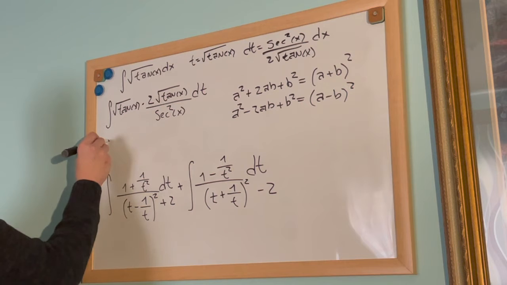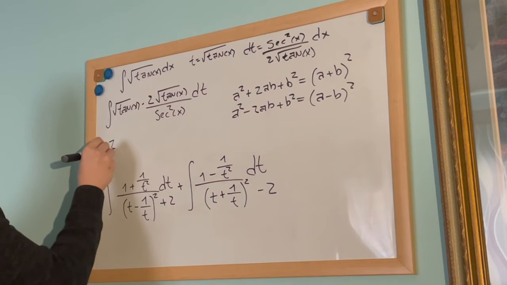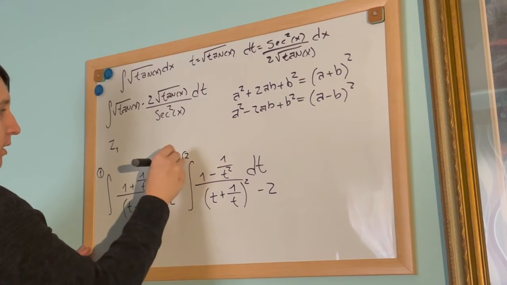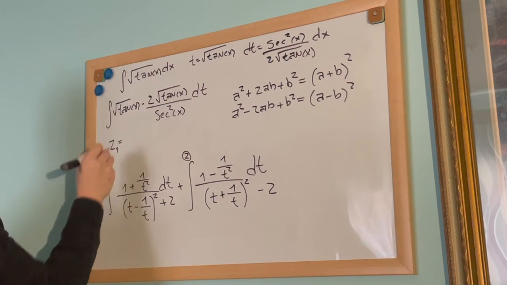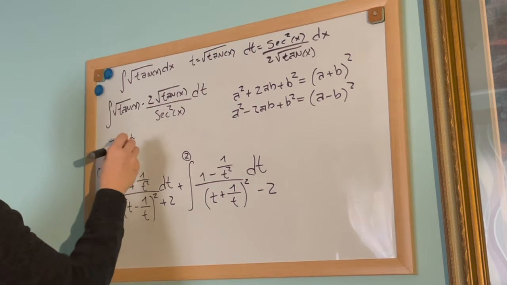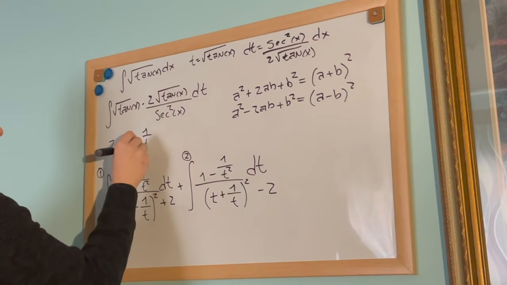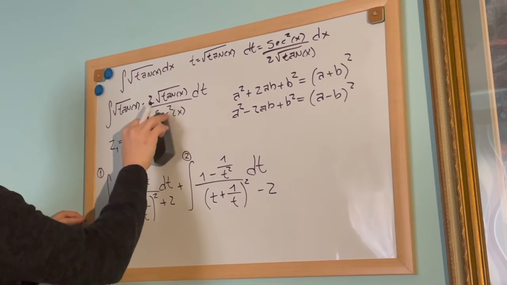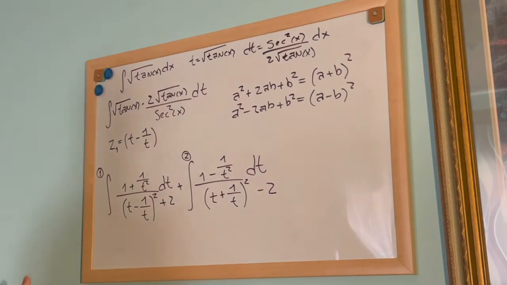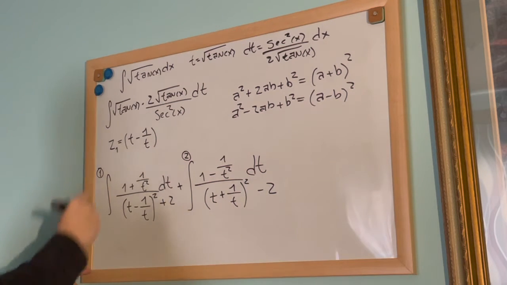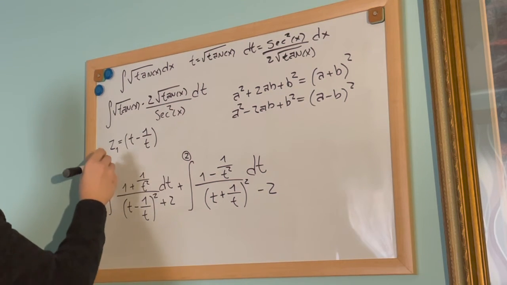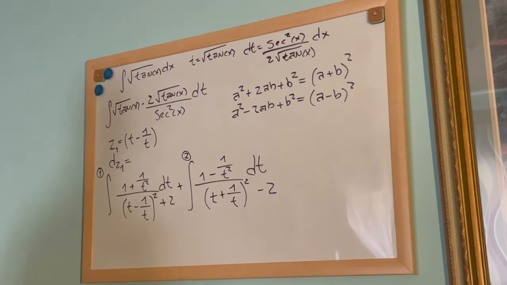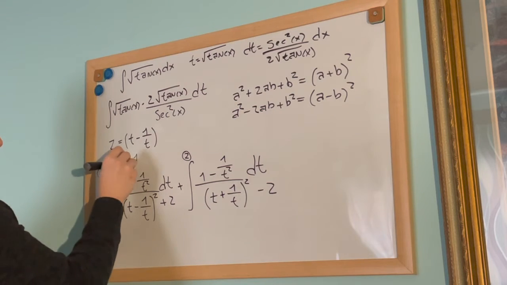So if I did Z, and I'm going to say this is Z1, so I'm talking about this integral right here, and this is the second integral. If I say Z1 is equal to t minus 1 over t, let's not do the squared part, let's just do what's inside of the parentheses, obviously. And then we're going to differentiate this like we normally would. So dz1, well, the derivative of t is just 1.